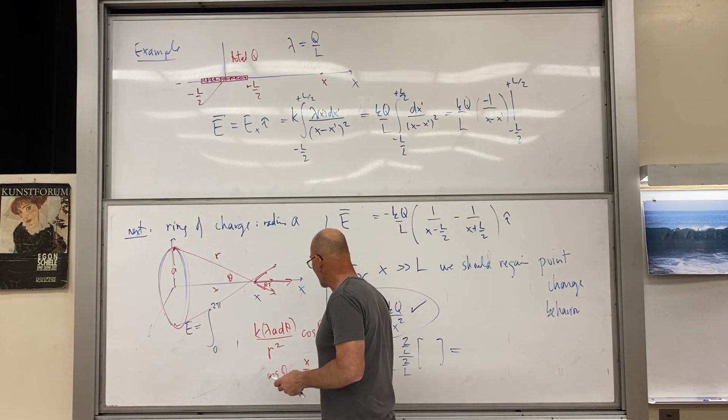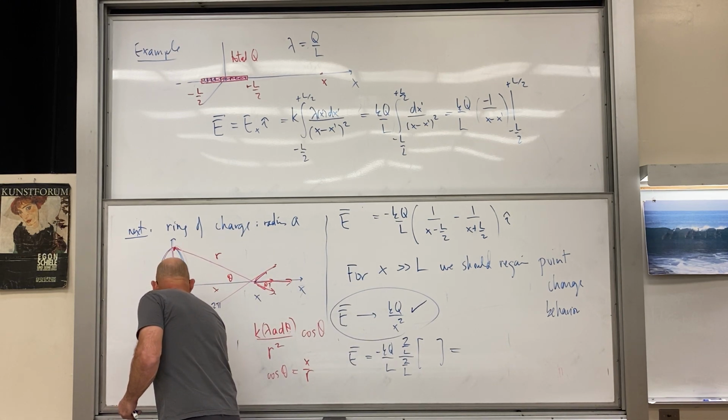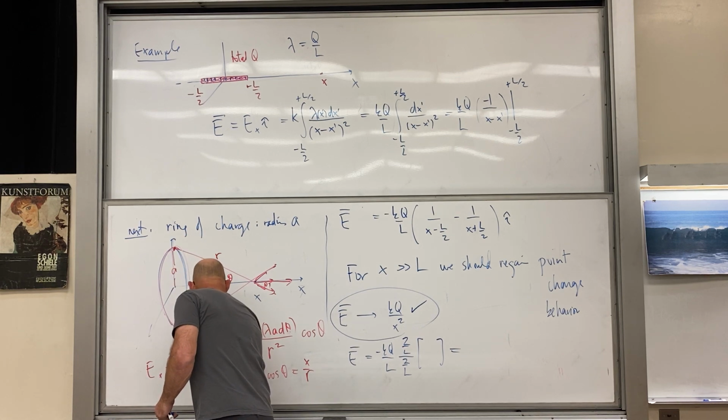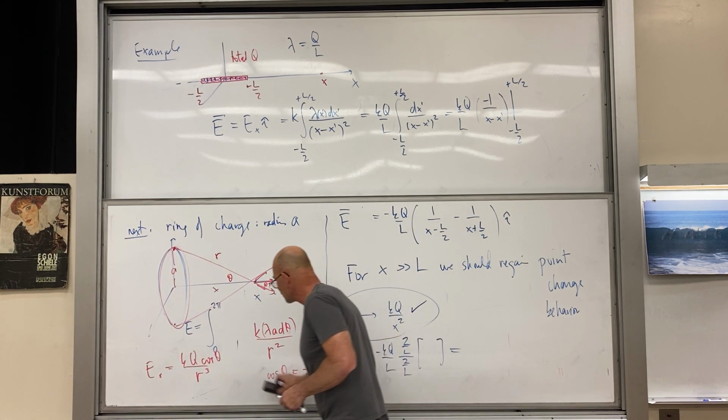Okay. So you're going to end up with E sub x equals k q times that cosine theta that I've talked about, over r squared, so x over r cubed.